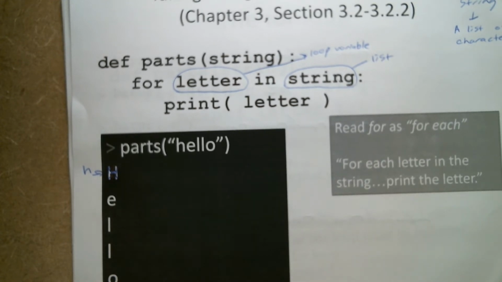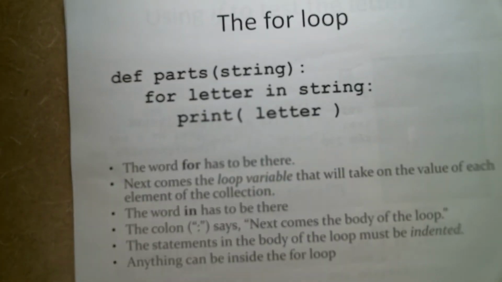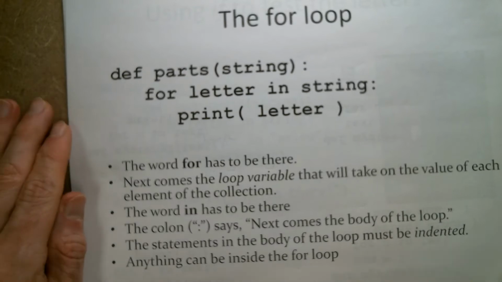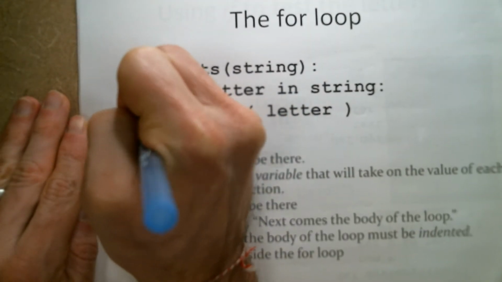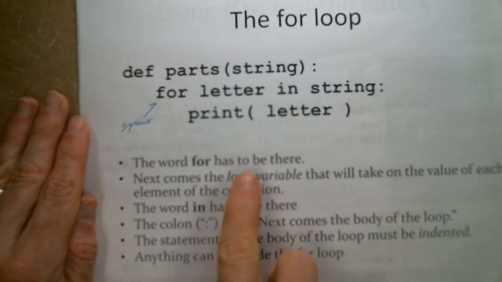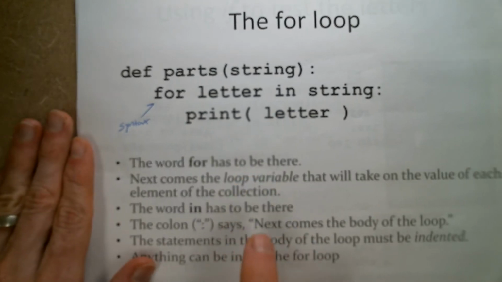All right, so let's take a closer look and break down all the different parts of this. The word for is just part of the syntax. That has to be there. It's part of Python. It always exists.